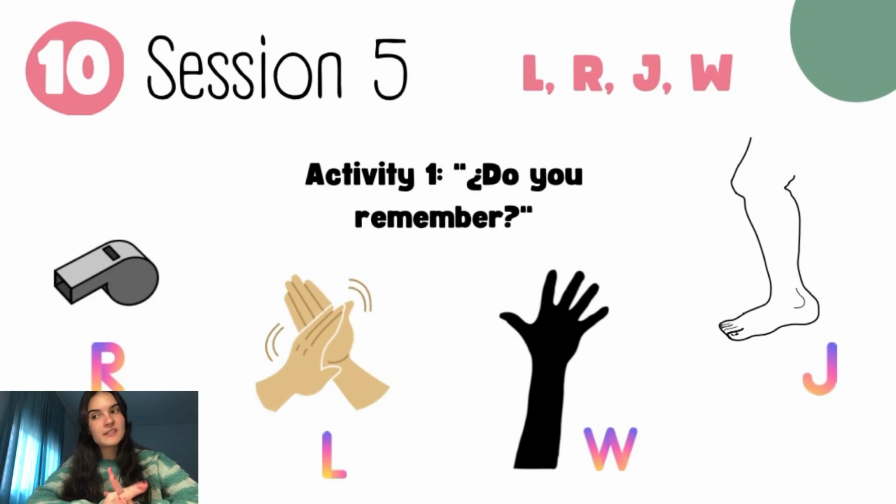Firstly, the first activity is called Do You Remember? The teacher will divide the class into 4 teams, and each team will have a corresponding sound and a corresponding gesture. In this case, the letter R corresponds to whistle, the letter L corresponds to clap, the letter W corresponds to raise hand, and finally the letter J corresponds to raise right leg.